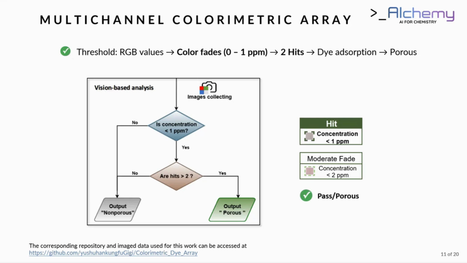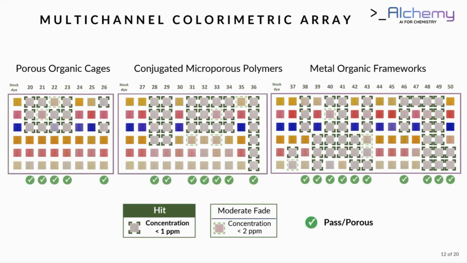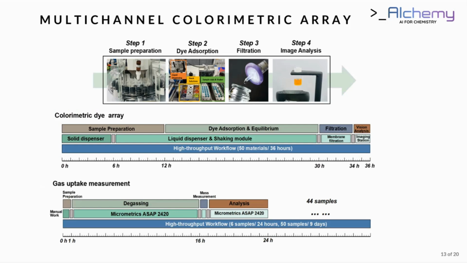Then we extended our screening library beyond the molecular solids to consider three other representative classes of materials: porous organic cages, conjugated microporous polymers, and metal-organic frameworks. By using a semi-automated workflow, our colorimetry method is roughly 30 times faster than conventional porosity analysis.